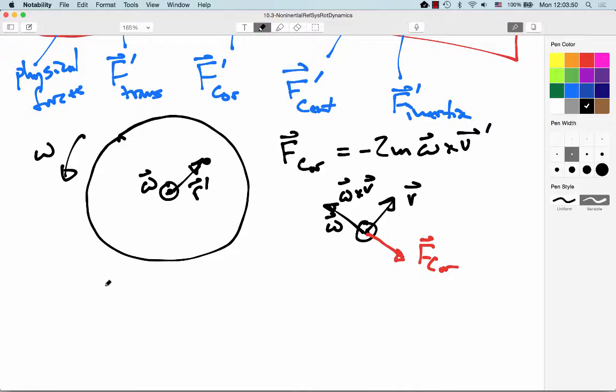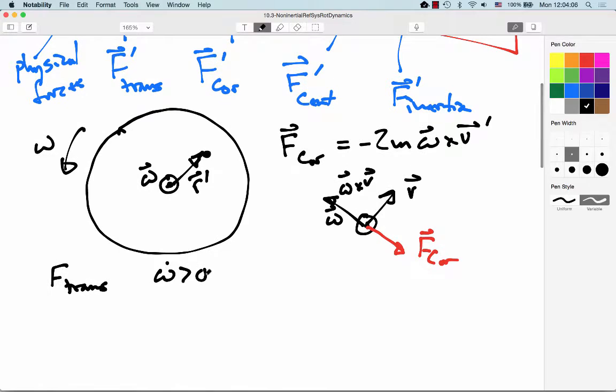While we're at it, we can work out the transverse force. So here, let's assume that omega dot is positive, and we're looking at our v prime being radially outward.